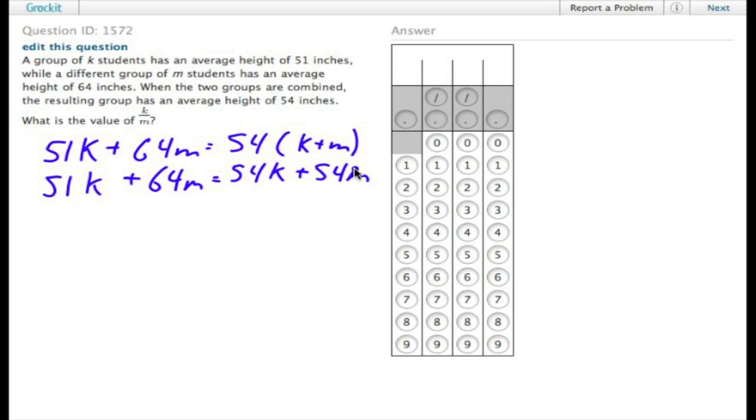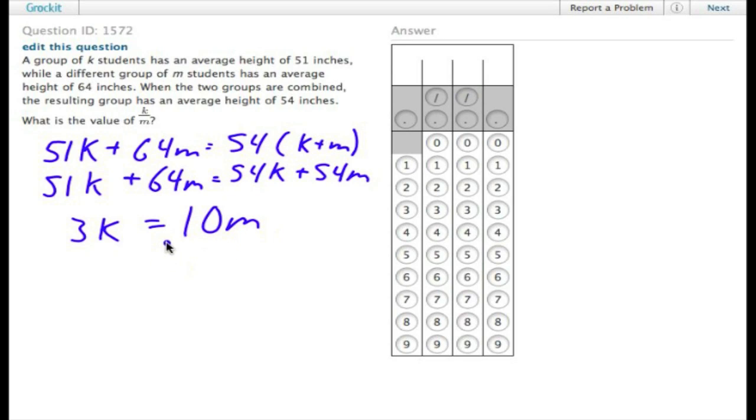Now then, we're going to put each variable on either side of the equation. So what's the difference between 51K and 54K? Well, that's 3K. We just subtract 51K from both sides, and that turns into 3K. Then we subtract 54M from each side, and that turns into 10M, right?